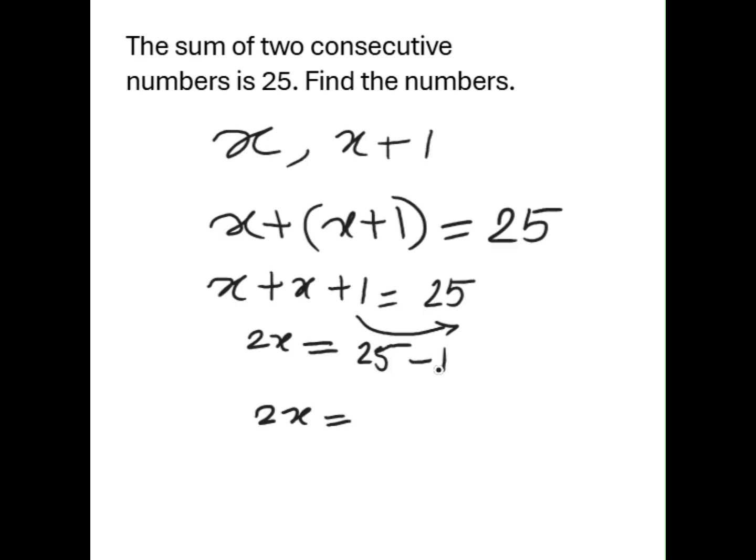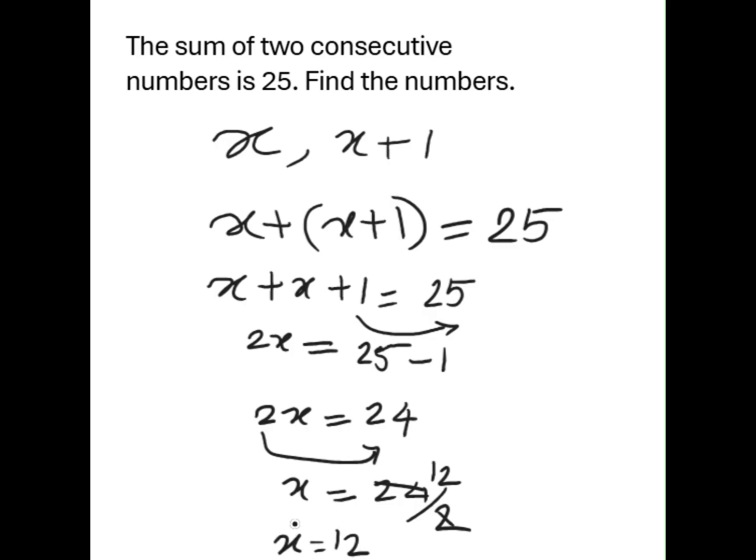Now this 1 will be subtracted from 25 and you will get 24. Now 2 can go to the division part as it is here in multiplication form. x is equal to 24 by 2. Now this can be cancelled and you will get 12. So x is equal to 12 is the answer.